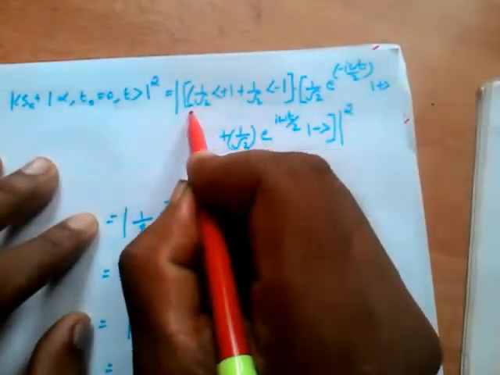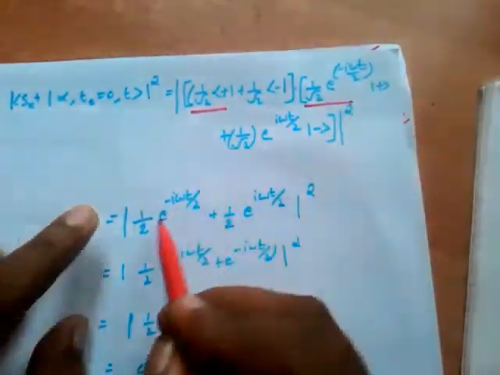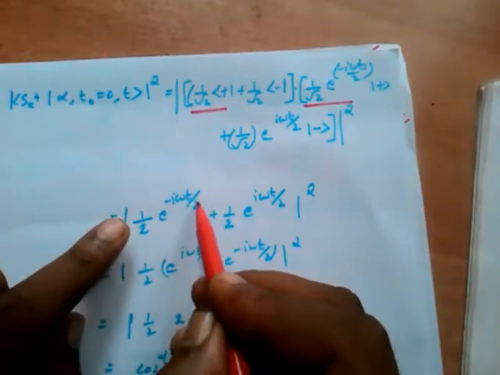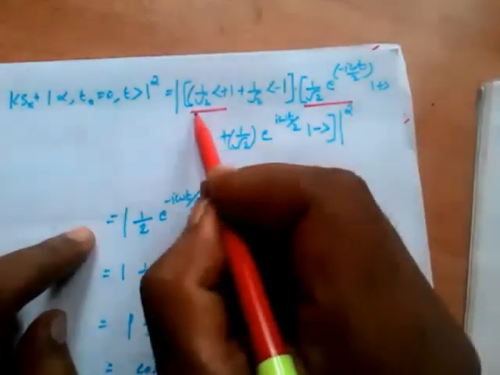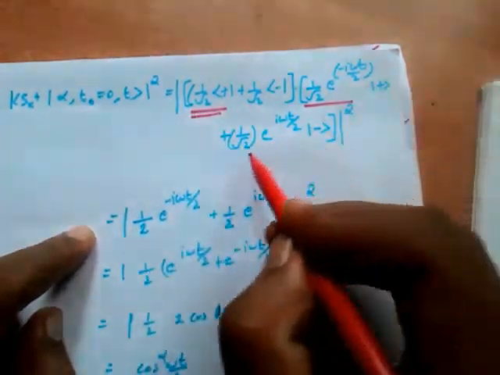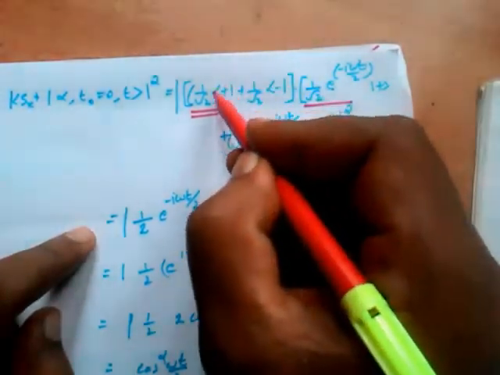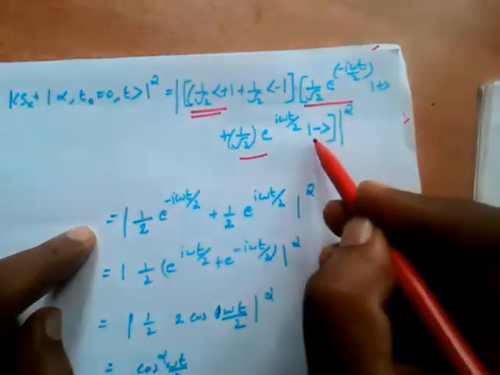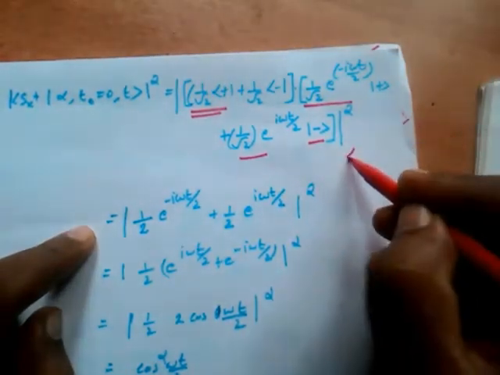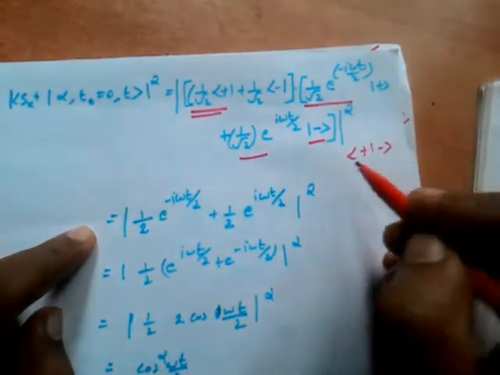First we multiply this with this one and we get 1 by 2 e raised to minus i omega t over 2. Then we multiply this with the second term, but we get 0 because here is the state plus and here is the state minus. So the inner product of plus and minus will be equal to 0.